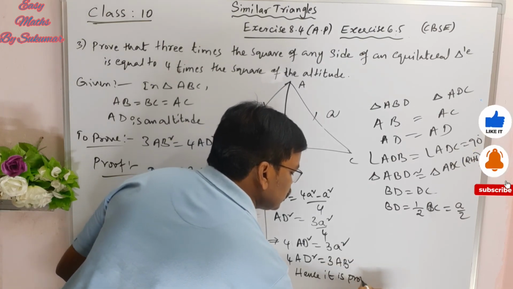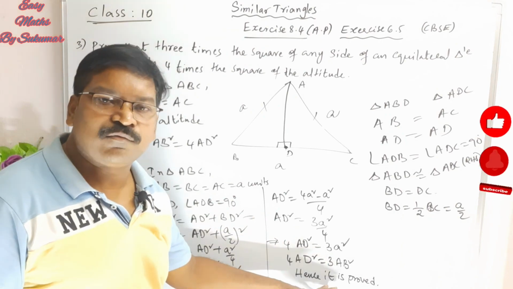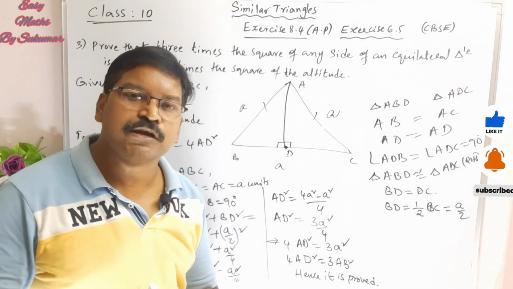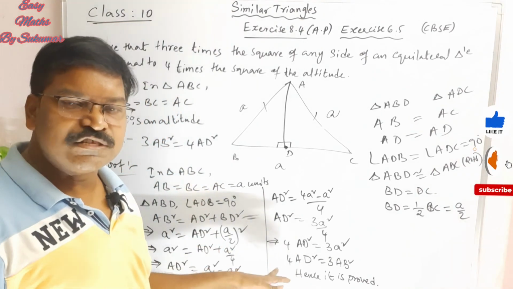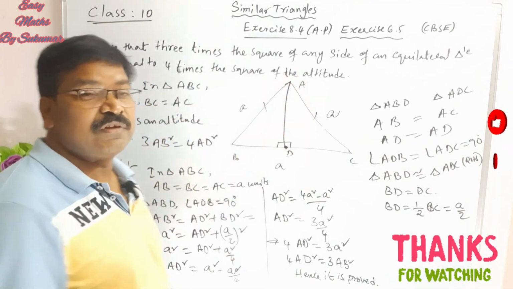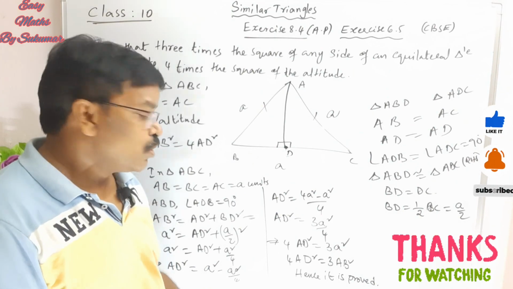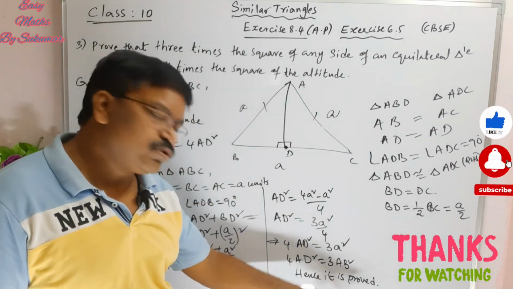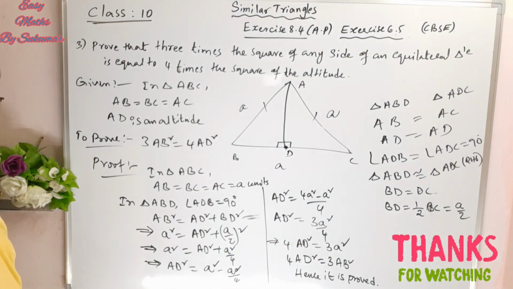Here AD is the altitude of an equilateral triangle and AB is the side of the equilateral triangle ABC. That means the sum of the squares of the sides of an equilateral triangle is equal to 4 times the square of an altitude. I hope you understand. Please write in your notes.